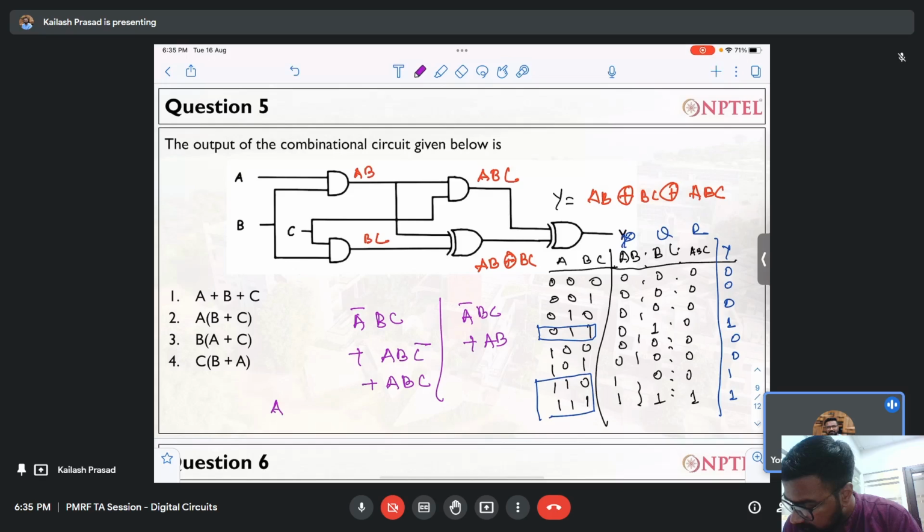So this will be your a bar bc plus ab. This you can write as b times a plus a bar c. Okay, and I don't have space here, so I will write somewhere else. Just give me a minute.